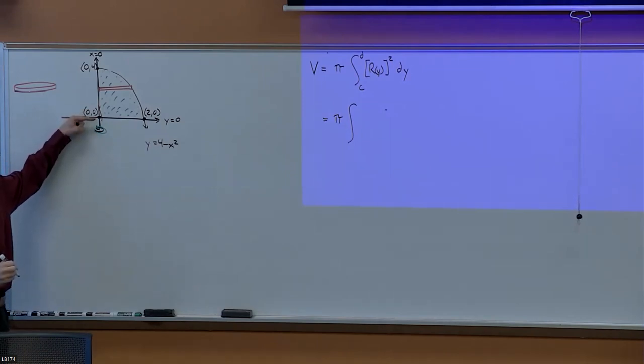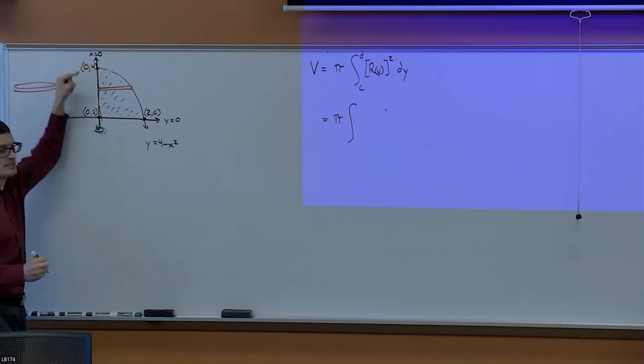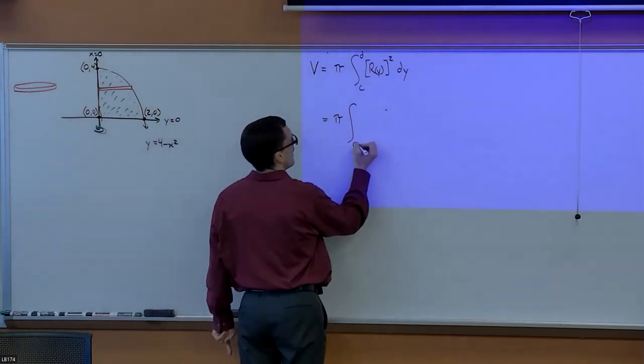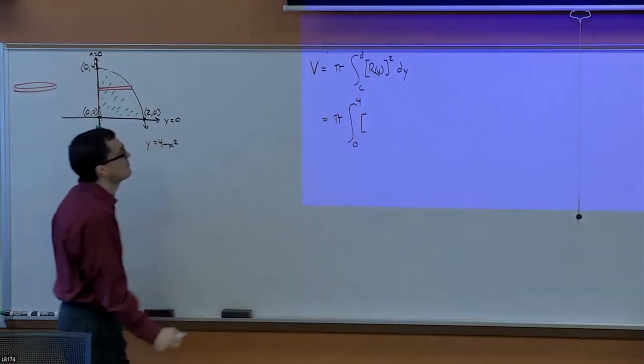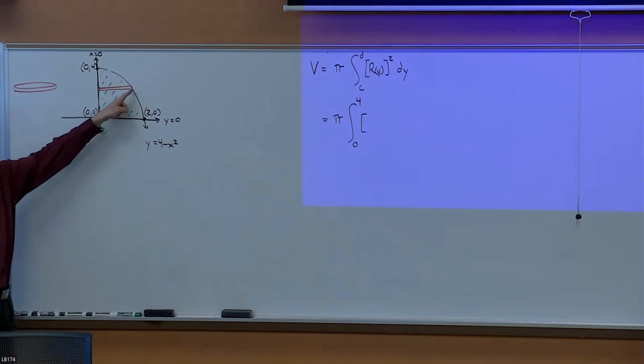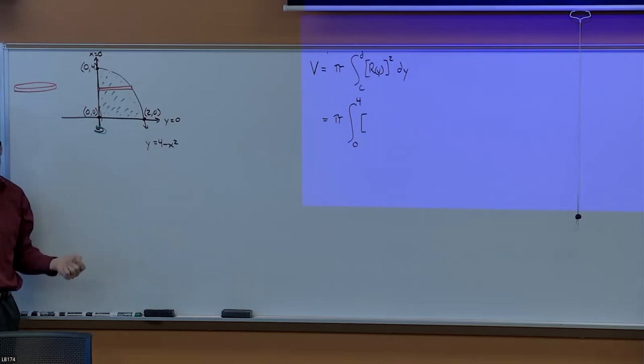That's why they're called C and D. So we're going to go to the lowest y value in the region, that's y value 0, to the highest y value in the region, that's y value 4. So we're integrating from 0 to 4. Radius is still going to be outside edge of my disk to where I'm rotating it around. This one's nice because I'm rotating around 0. So it'll be something minus 0.